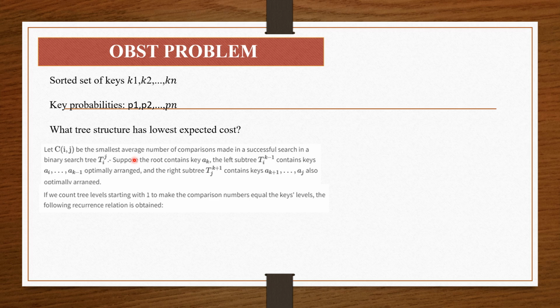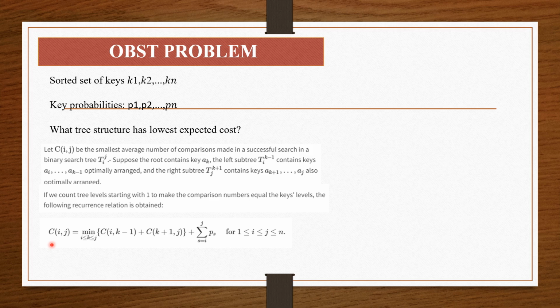So if you have keys, then all the elements from a_i to a_(k-1) will be to the left of a_k, a_k being the root, and all the elements from a_(k+1) to a_j will be to the right of the root. So if we count the tree levels starting with 1 to make the comparison numbers equal the key levels, then you can frame a recurrence relation as given below.